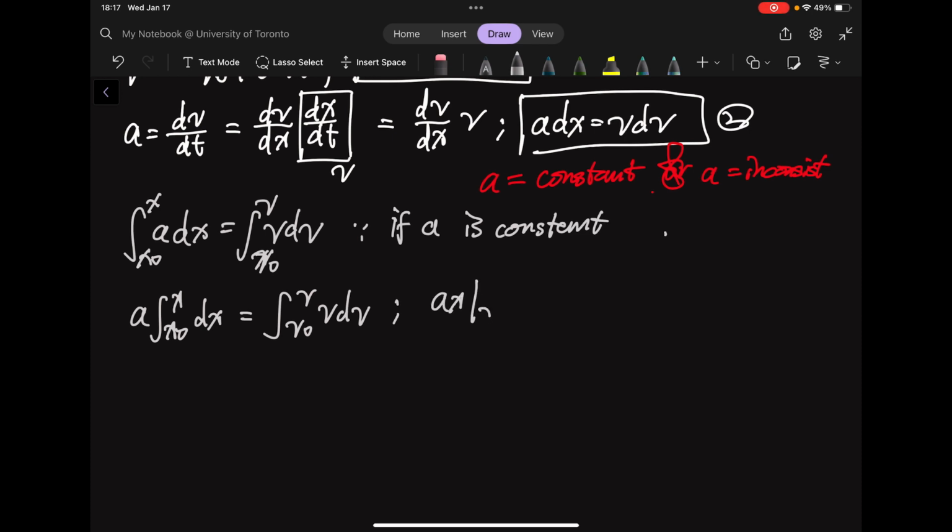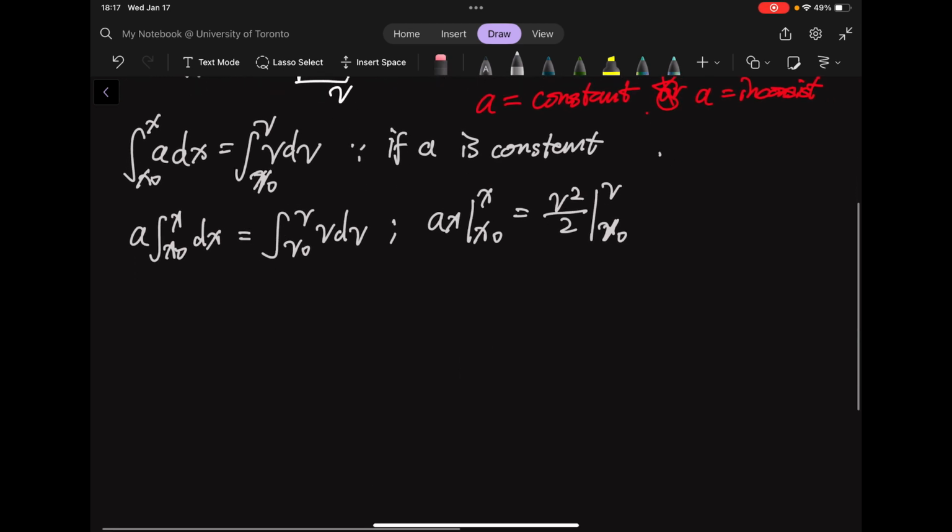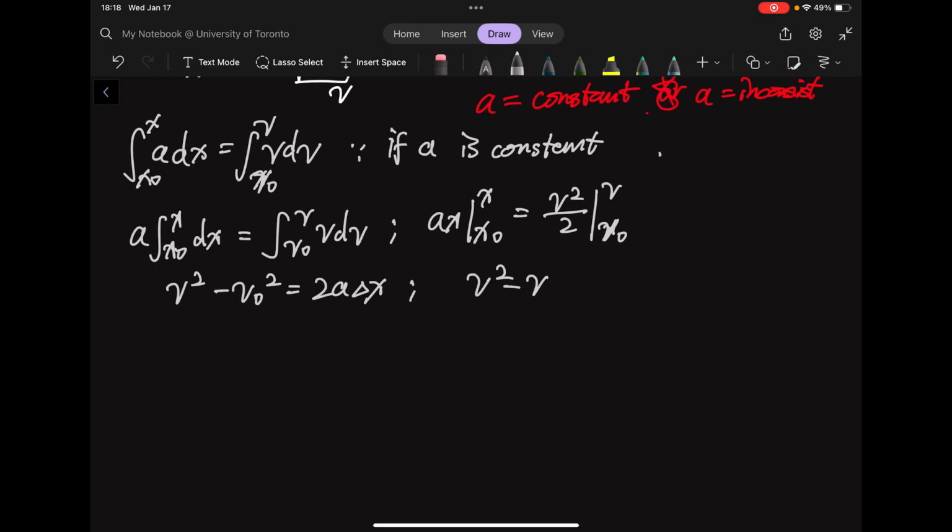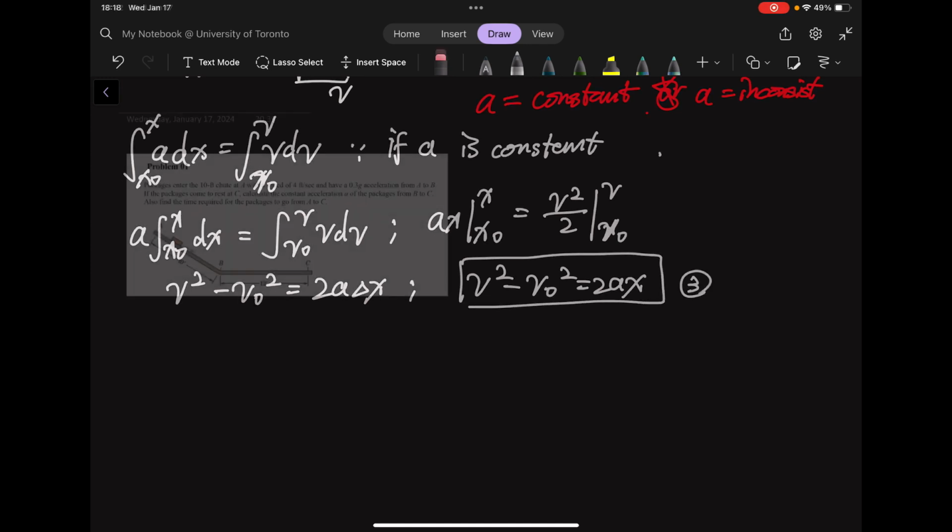So we have A x equal to V squared over 2, from V0 to V. After taking out, we have V squared minus V0 squared equal to 2A delta X. Delta X means the change of distance, which is x most of the time. Here's our equation number 3.